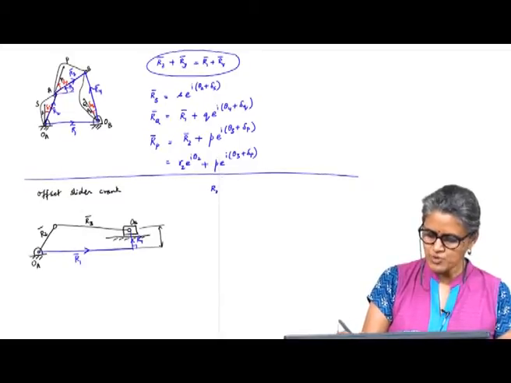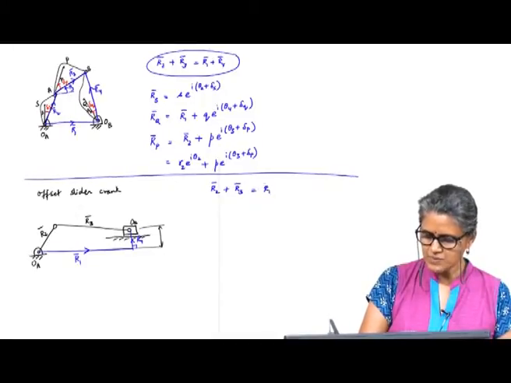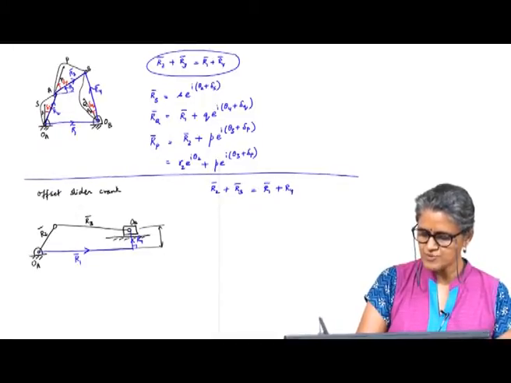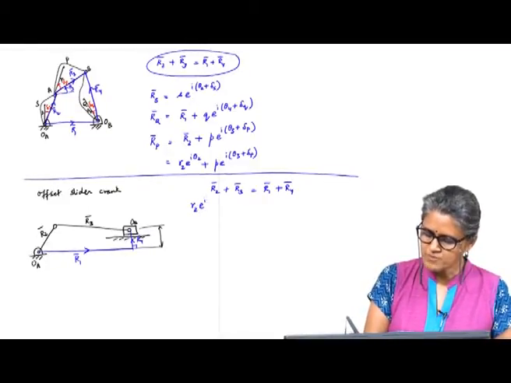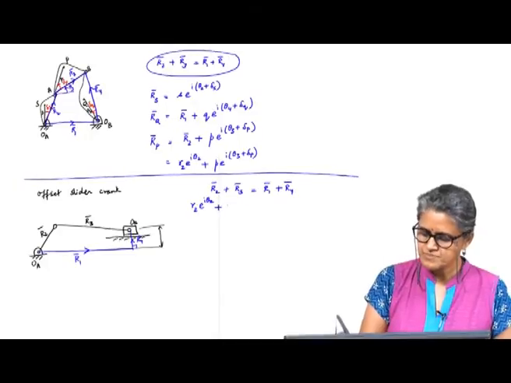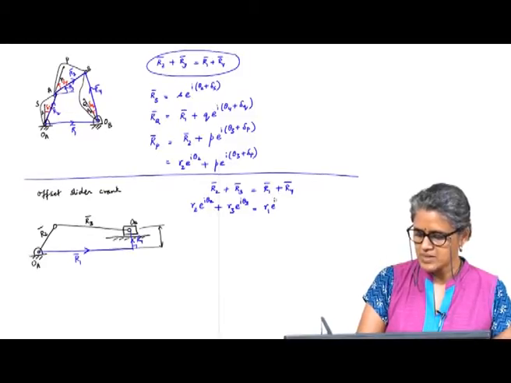So, now I can write my loop closure equation as R2 plus R3 equal to R1 plus R4. In complex form, r2 e power i theta 2 plus r3 e power i theta 3 equal to r1 e power i theta 1 plus r4 e power i theta 4.